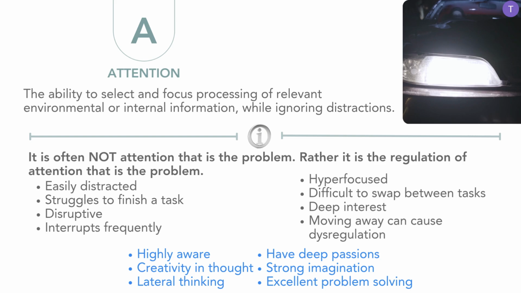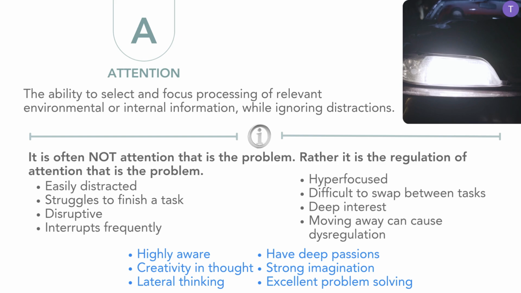So, attention is defined as the ability to select and focus processing of relevant environmental or internal information while ignoring distractions. So just important to note there that it's both environmental, so things that you can see and hear that are around in your environment, but also internal information. So that can be interoception.